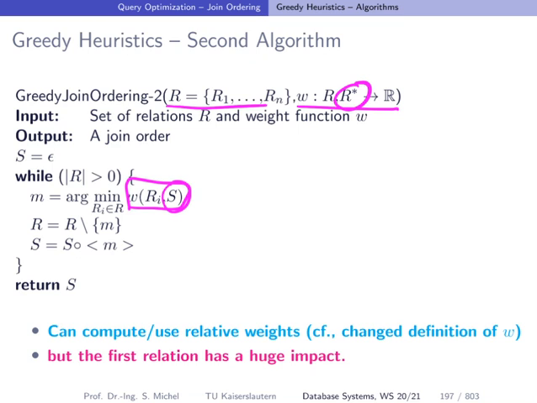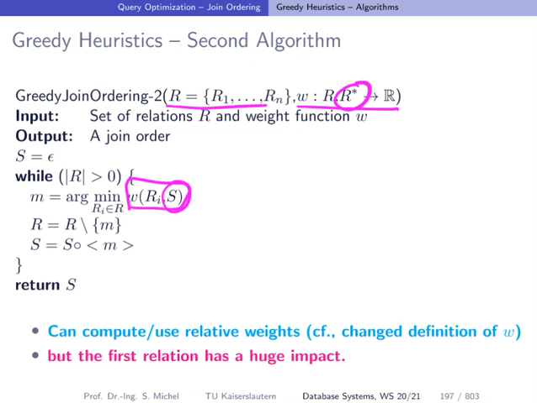So we would not only consider, let's say, the cardinality of Ri here, but we can look at the selectivity of Ri regarding all the other relations in S. So the decision which relation to pick next can be based on much more information than only looking at the simple weight as in greedy 1. And hopefully greedy 2 will produce, in practice, better results than greedy 1.